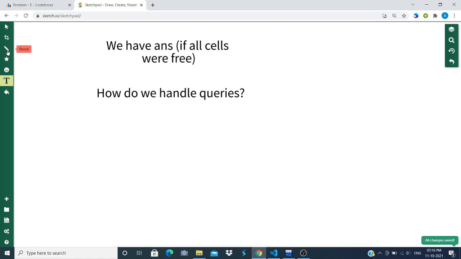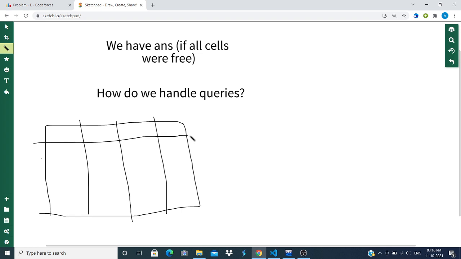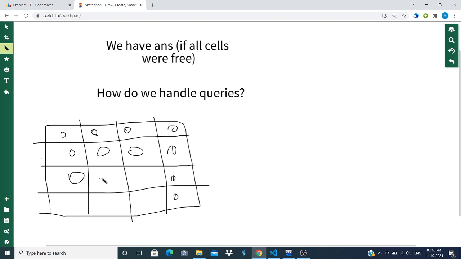One important thing to notice here is that if all the cells were free, let's imagine a super simple case where all of them have zeros in the beginning. Once you analyze this, you will get to know what we want.